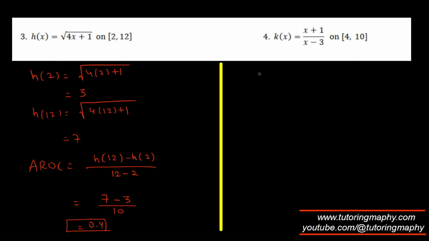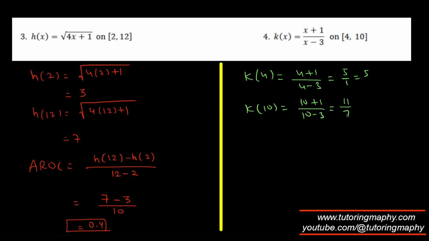All right. Now this is going to be k of 4. So k of 4 will be 4 plus 1 over 4 minus 3, which is 5 over 1, which is 5. And k of 10 will be 10 plus 1 over 10 minus 3, which is 11 over 7. And that's it.